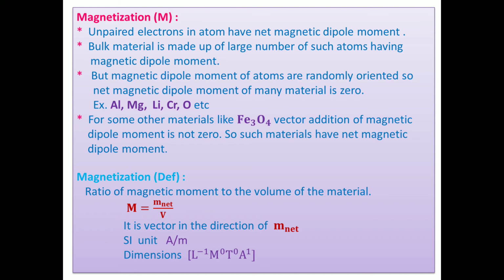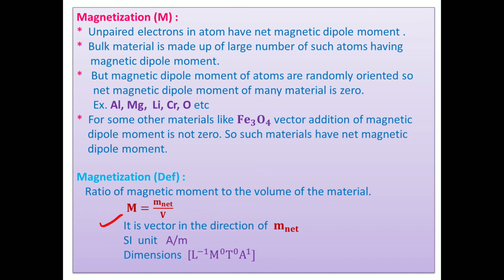Thereafter we go through the definition of magnetization. Magnetization means the ratio of magnetic dipole moment to the volume of the material. Look at the formula and you can make the definition from the formula also. M equals the net magnetic dipole moment divided by its volume.